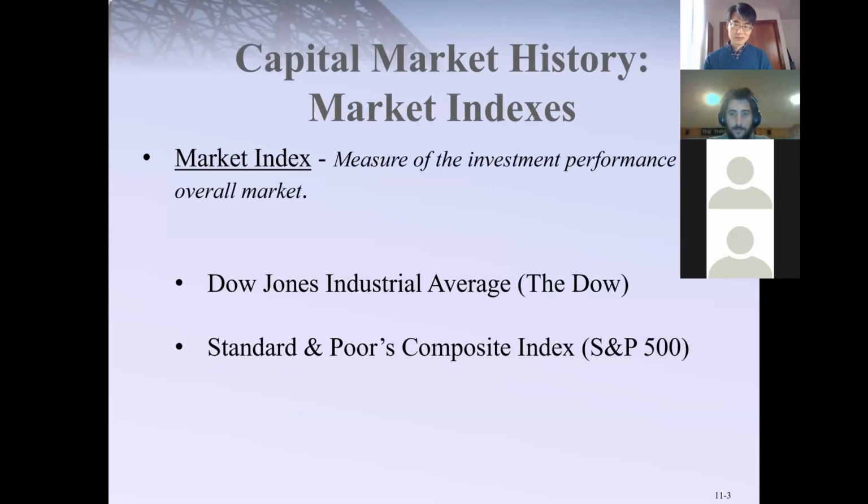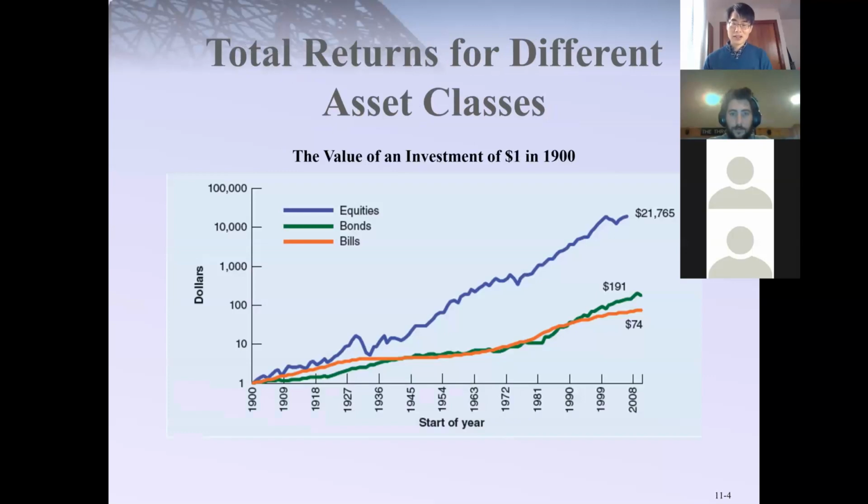And when you look at the market history of the different market indices, you can see the connections between the T-bills, bonds, and the equity, right? And this is the historical data. So basically this is the stock market, right? The stock market actually has a higher rate of return.